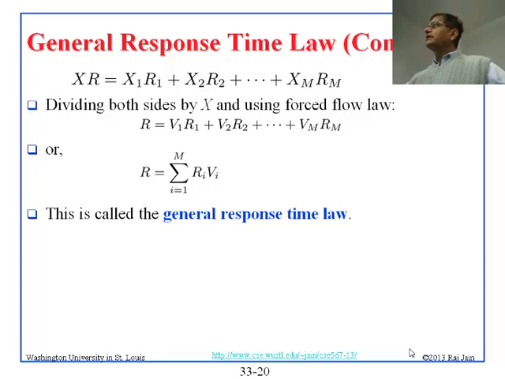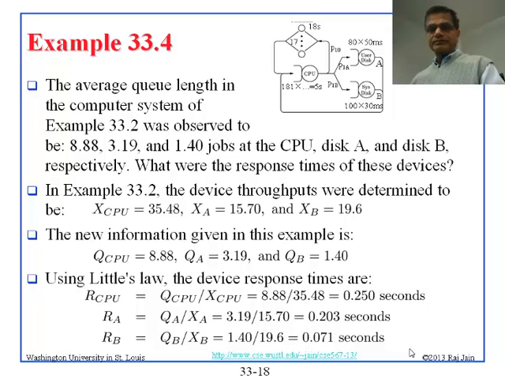This can be easily shown to be true. Why? Look at this system here. We made 80 visits to disk A, and each visit took 203 milliseconds. So we multiply 80 by 203 milliseconds. Plus, each job also had to go 100 times to the other disk, and each visit took this much.